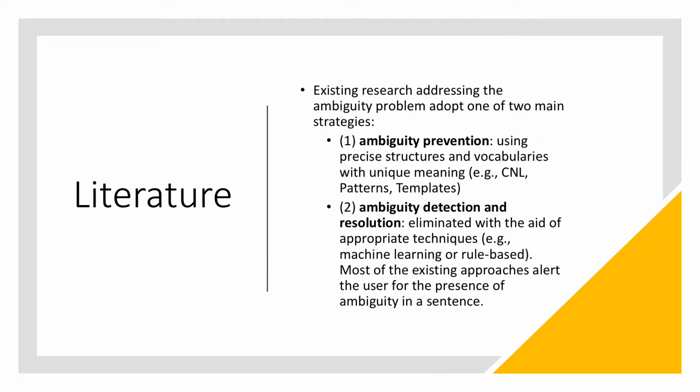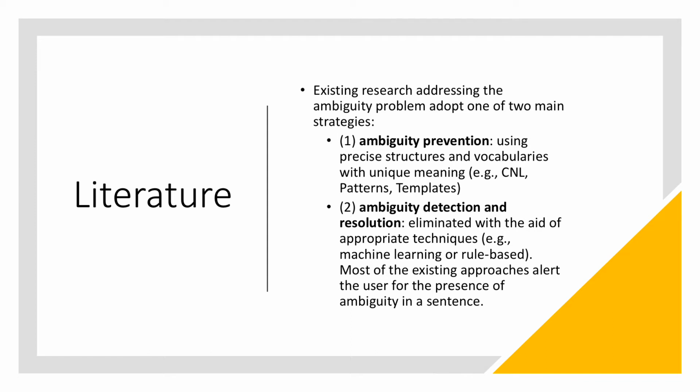In literature, there are mainly two strategies or two approaches to tackle the problem. There are methods that try to prevent having ambiguities in the first place. They mainly rely on enforcing patterns or boilerplates, or using specific structures and vocabularies with the written requirements.